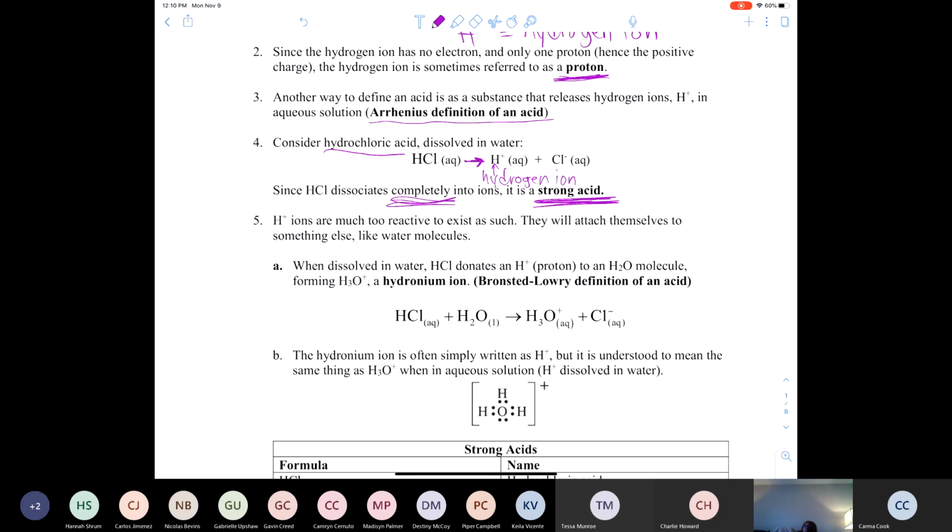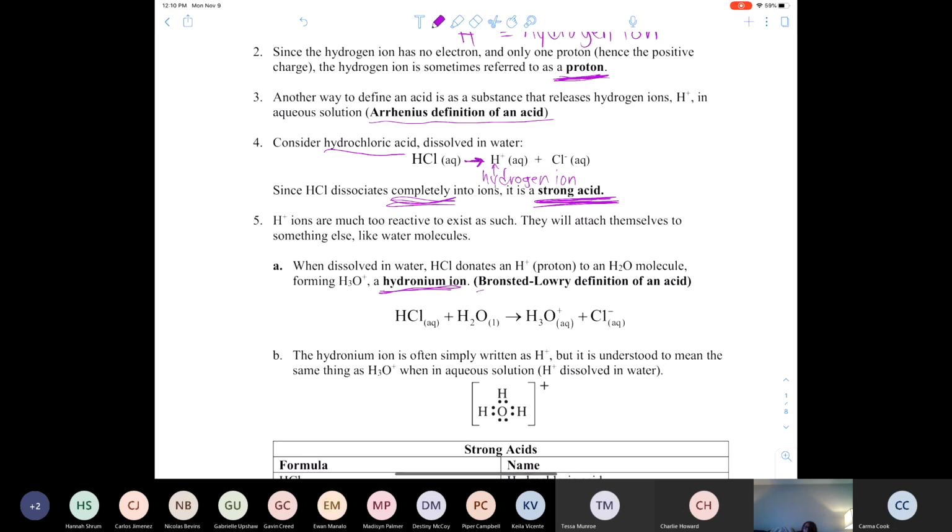For example, if we're dealing with aqueous solutions, meaning that we're putting the HCl in water. So when you dissolve HCl in water, HCl is going to donate its H+ ion to water. And so when the H+ ion gets donated to the water molecule, it forms a new product called the hydronium ion.